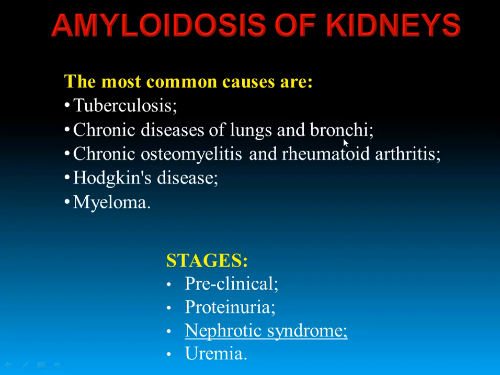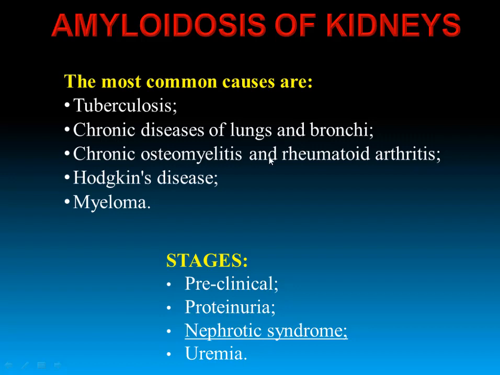These diseases are infectious diseases like severe tuberculosis and syphilis, and chronic diseases associated with purulent inflammation like chronic bronchoectatic disease, chronic lung abscess, and also chronic osteomyelitis, which also belongs to long-term purulent inflammation.